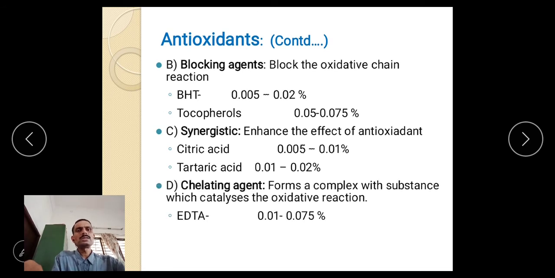Last one is chelating agents. They form a complex with the substances which catalyze the oxidative reactions. An example is EDTA, that is ethylenediaminetetraacetic acid. So these are the 4 types of antioxidants which prevent the oxidation of the product.